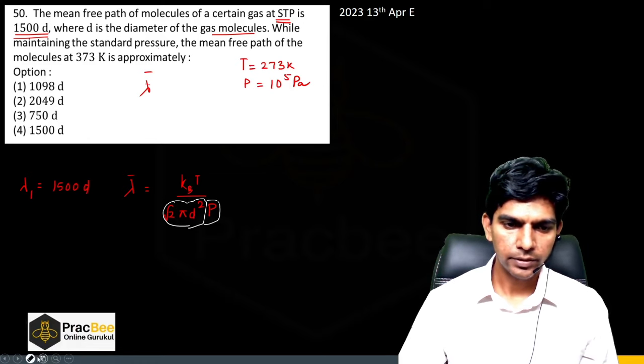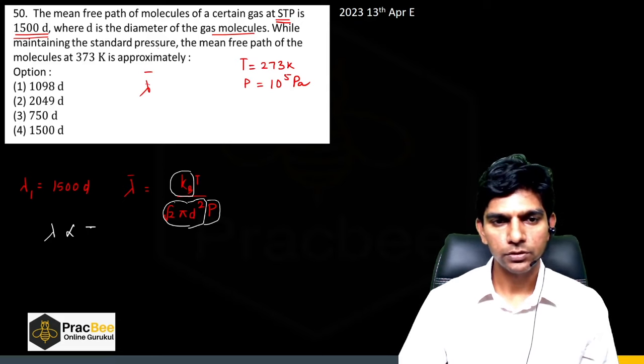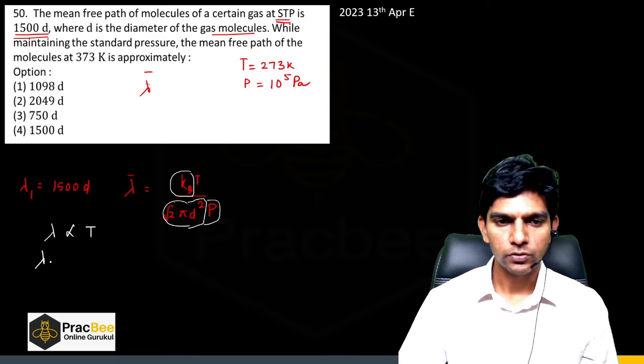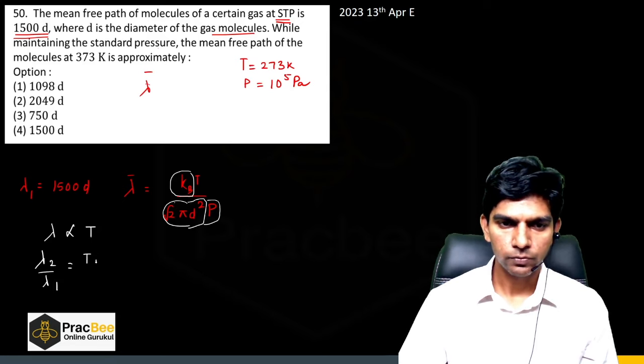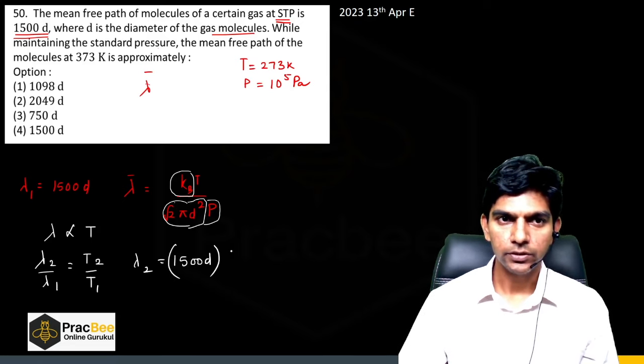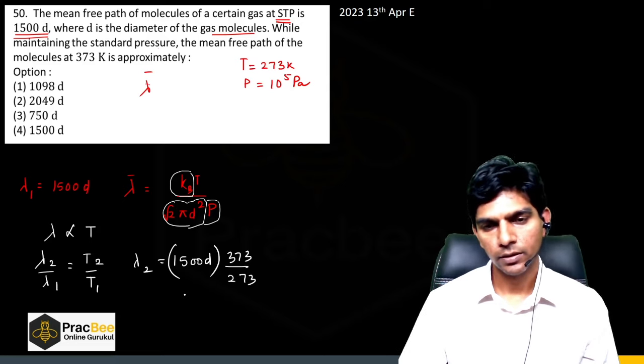So we can say lambda is directly proportional to temperature. So lambda 2 by lambda 1 equals T2 by T1. Lambda 2 will be 1500 D times 373 divided by 273.